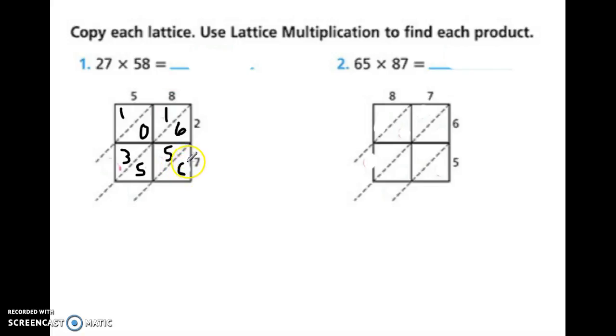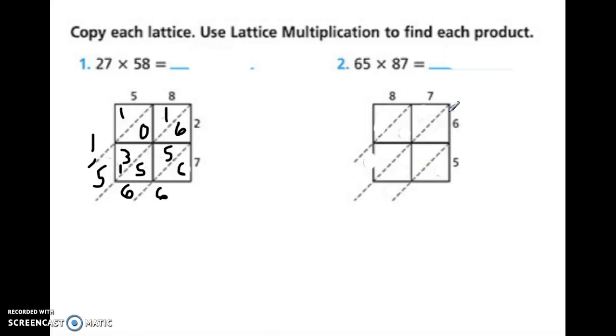And then I add up each row, or each of these diagonals. So the first one just had 6. Second one had 5 plus 5 is 10 plus 6 is 16. So I write my 6. Still have to carry, so I'm going to add my 1 right there. And then I do 1 plus 3 is 4, plus 1 is 5. And then my 1 is right there. So my answer is 1,566.